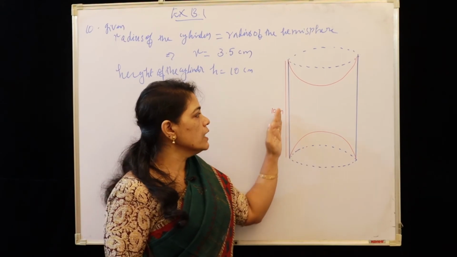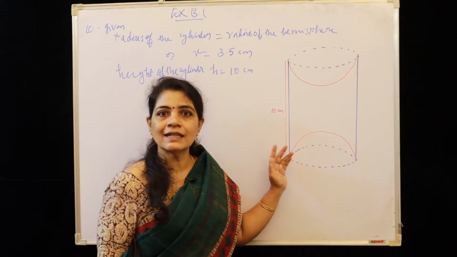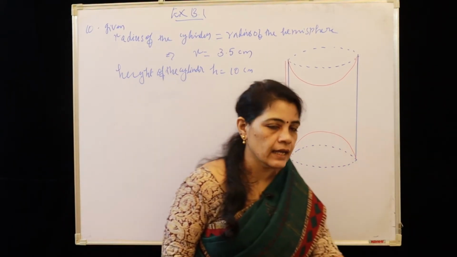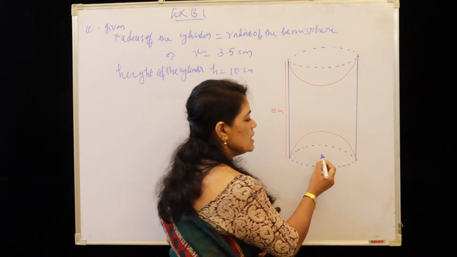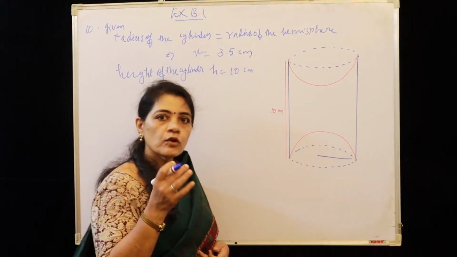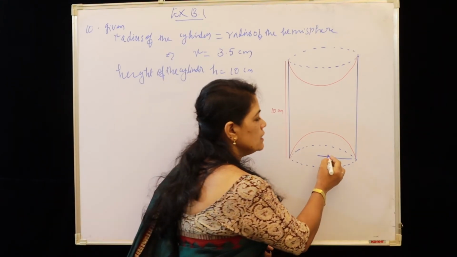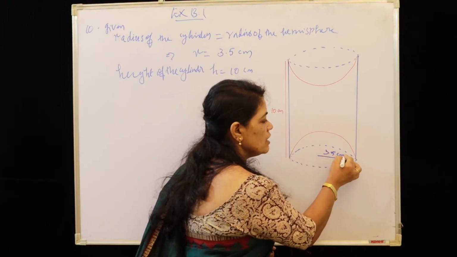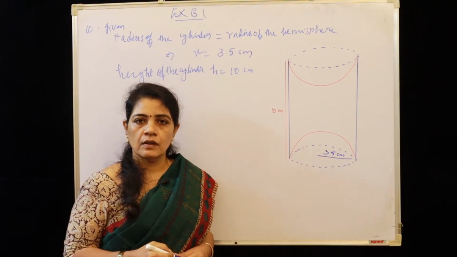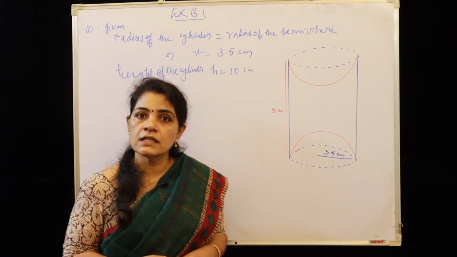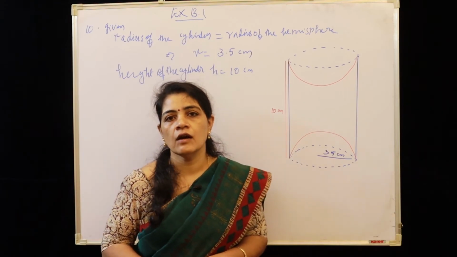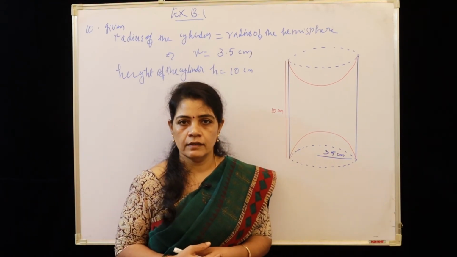The height of the cylinder is given as 10 centimeter and the radius of both the cylindrical portion and the hemisphere is given as 3.5 centimeter. And what is the total surface area of the remaining solid?